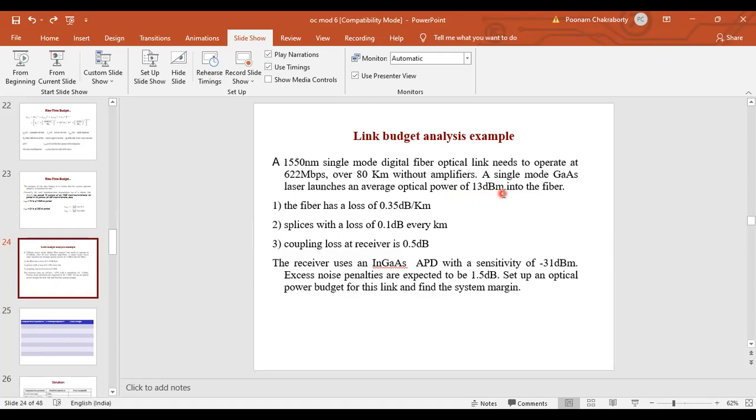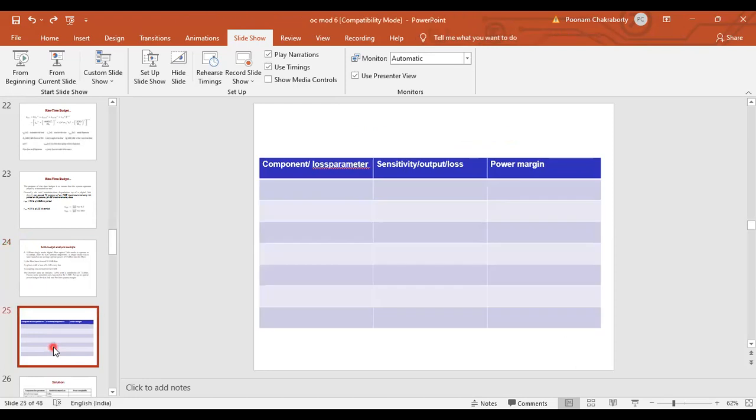Okay, so GaAs laser, I am taking this word from the question. You have to write it at your end, output.